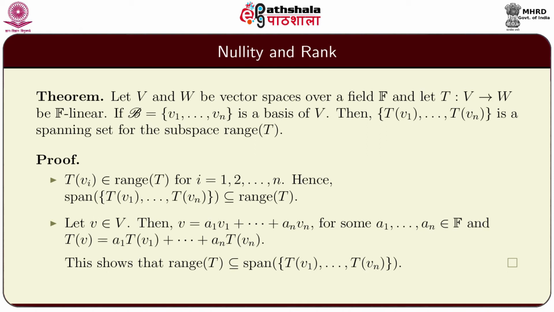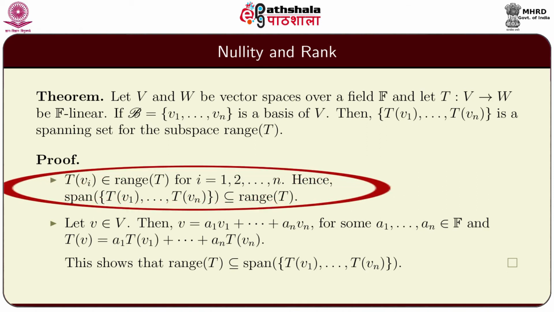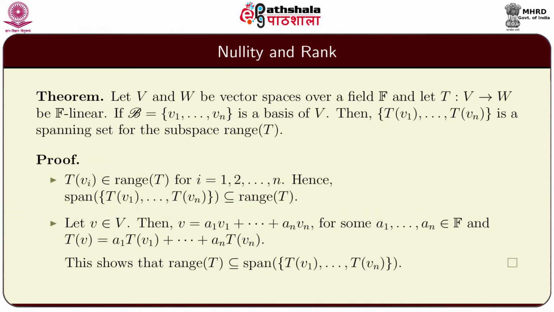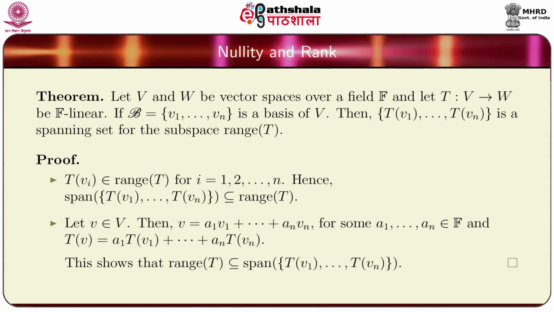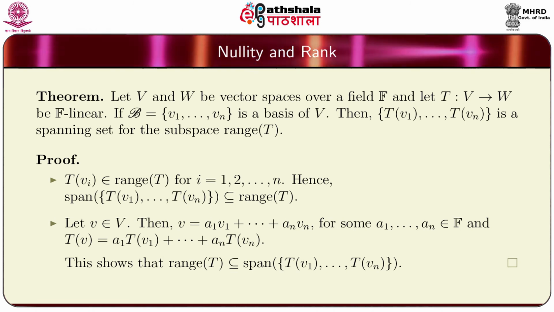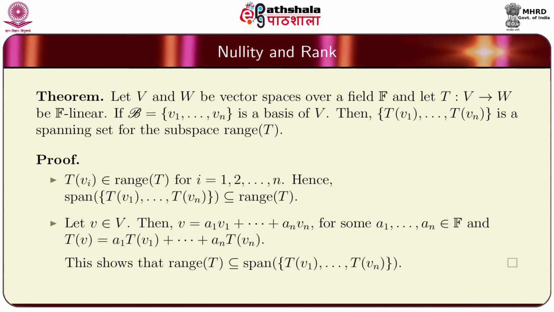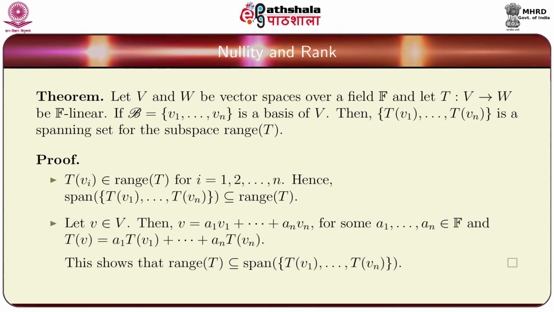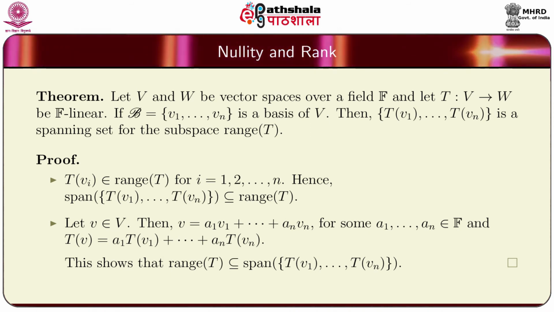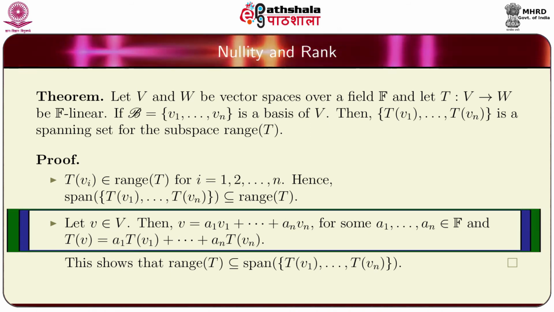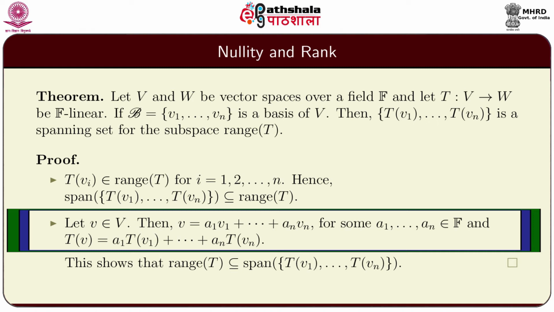How do we prove this? First of all, T v1 and so on T vn are definitely in the subspace range of T, and therefore the span of the set {T v1, ..., T vn} is contained in the subspace range of T. Now, to prove the other way inclusion, let us start with a vector v.